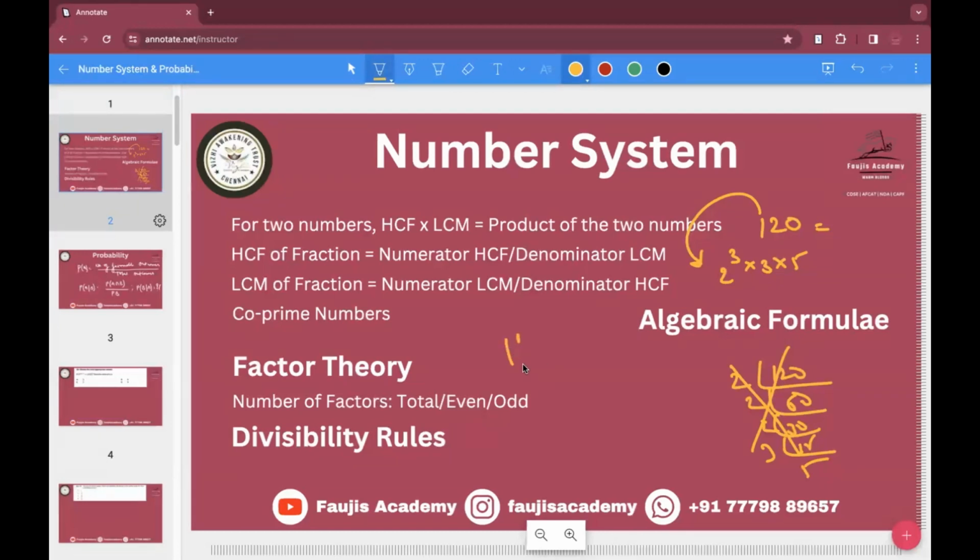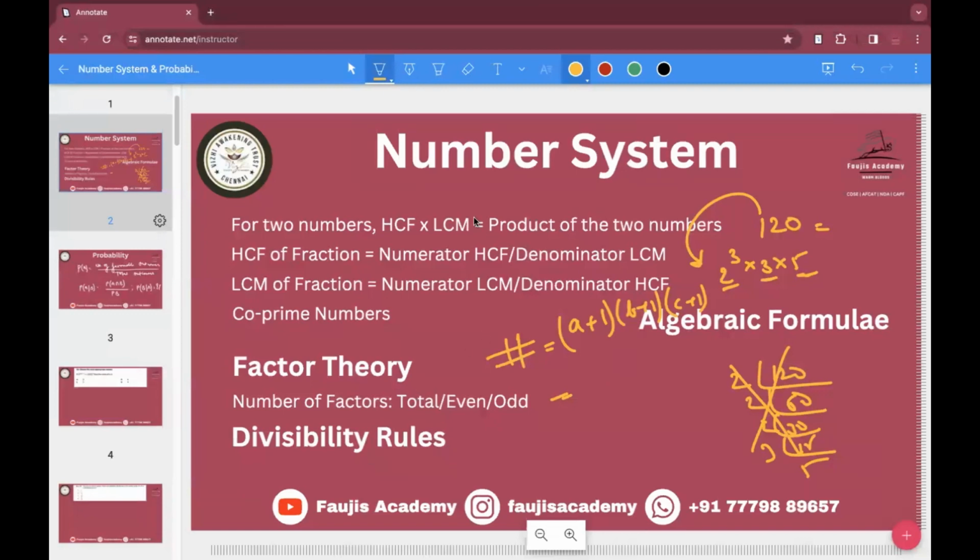Now tell me what is the number of factors here. Each of these numbers, their powers plus 1. Let the powers be A, B, and C. Now tell me. 16, sir.